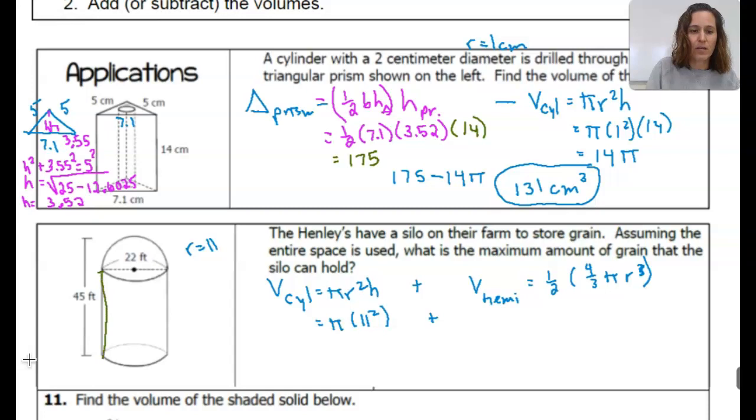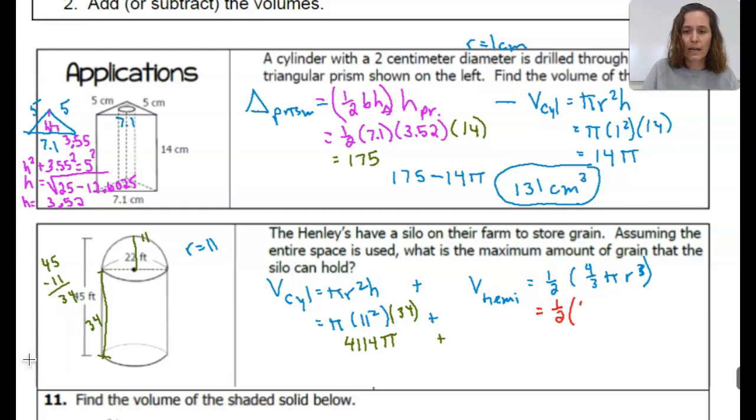And we can do that because we know the radius of the hemisphere is 11. So we can subtract 11 from the 45 to get just the height of the cylinder, which would be 34. So we would multiply pi times 11 squared times 34. When you plug all that in, you would get 4,114 pi.